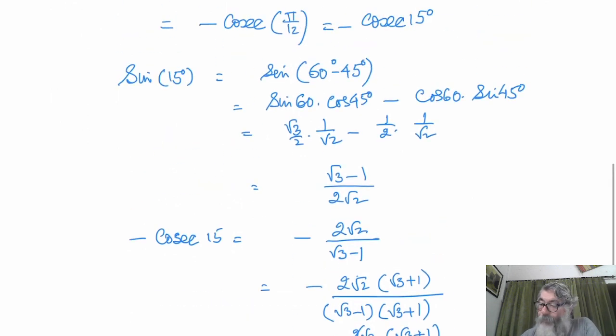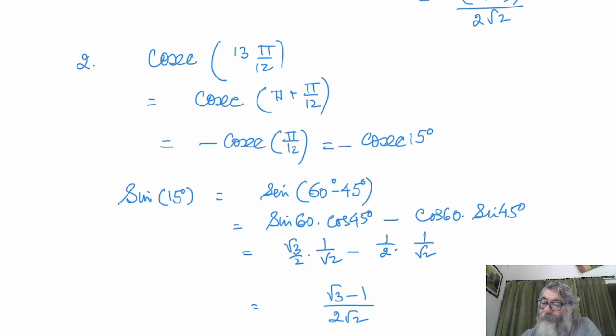What did we do? Cosec 13 pi by 12 we wrote as pi plus pi upon 12 because we wanted to convert into a smaller angle. Minus cosec pi by 12, because in the third quadrant only tan and cot are positive, the rest are negative. Pi by 12 is minus cosec 15.